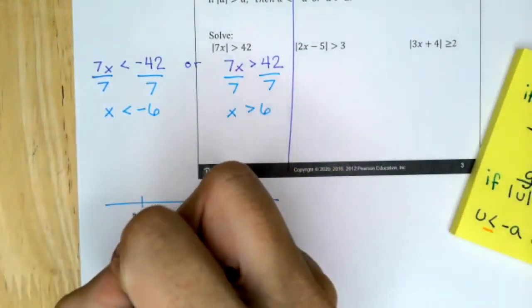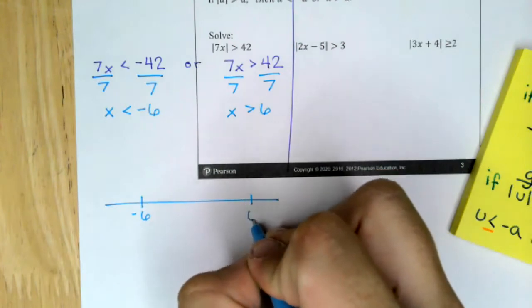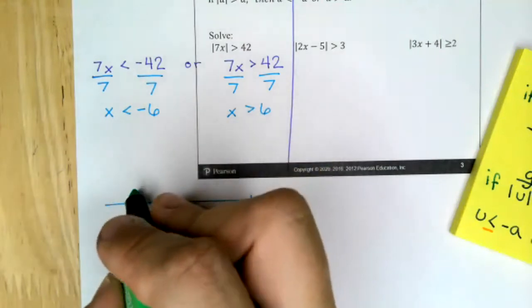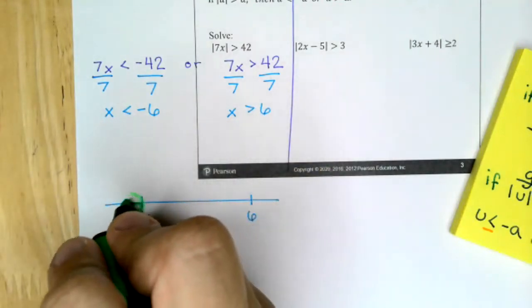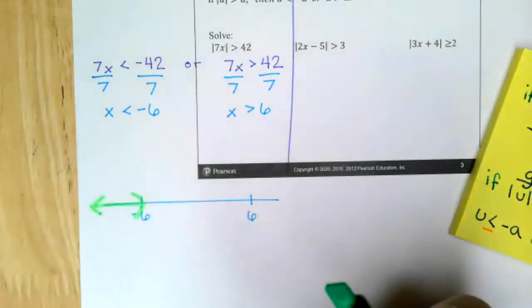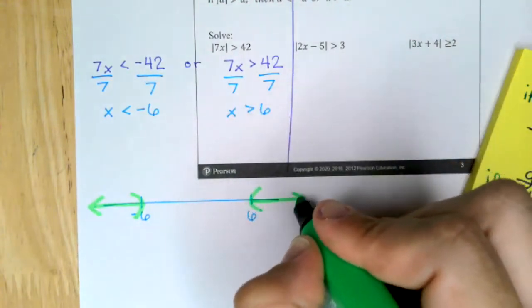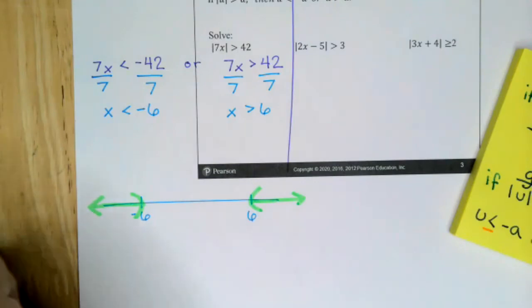So you have -6, 6. X is less than -6. That means it's all the numbers smaller than -6. X is greater than 6, all the numbers bigger than 6. Going forever.